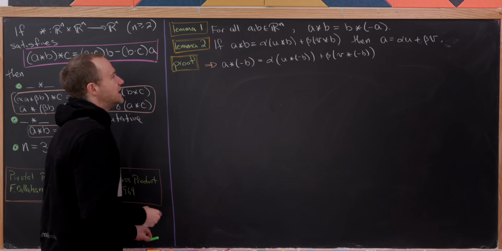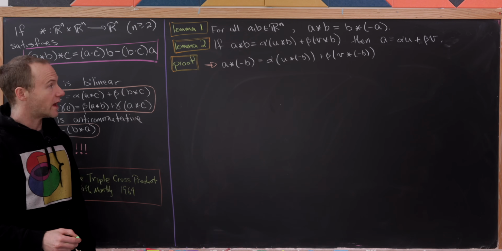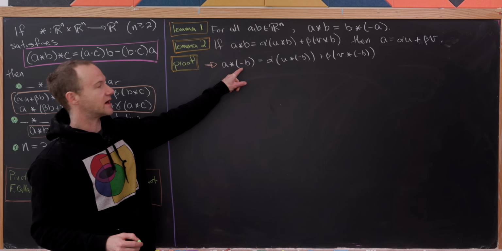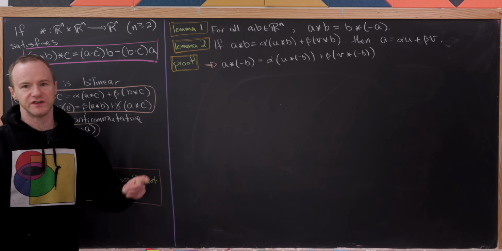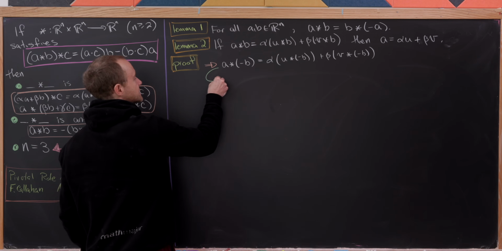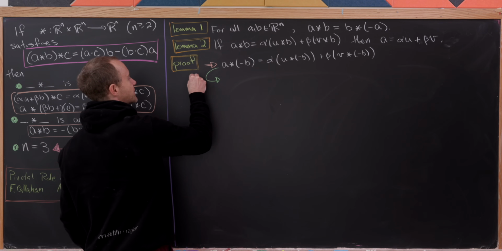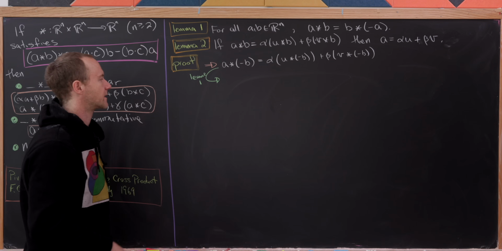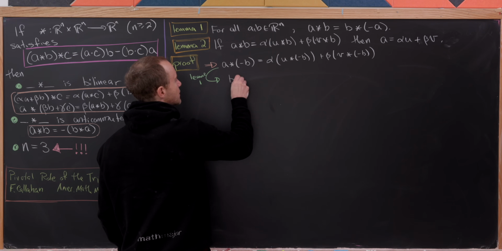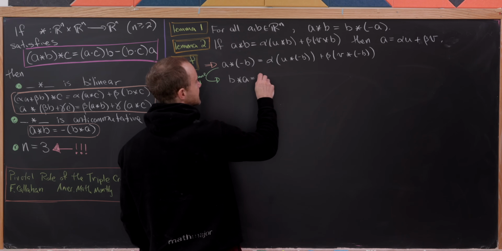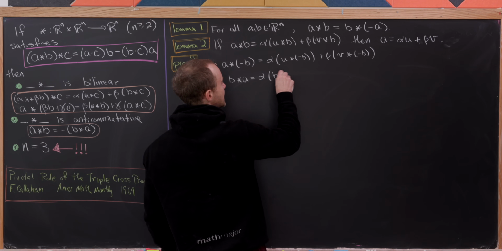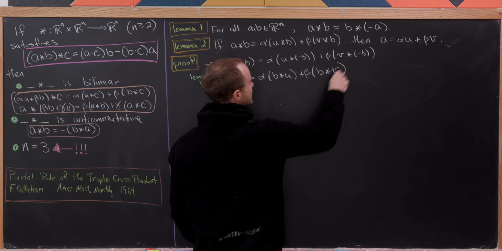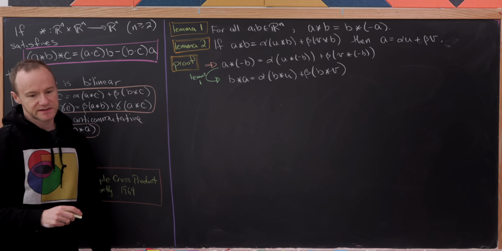Now we can apply lemma 1 to switch the minus sign on the b and the order of the starring. This is from lemma number 1, which I left on the board there. So this is going to give us a new equation: B star A is equal to alpha B star U plus beta B star V.